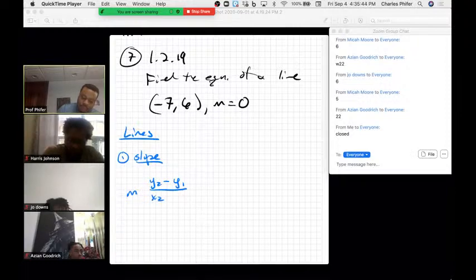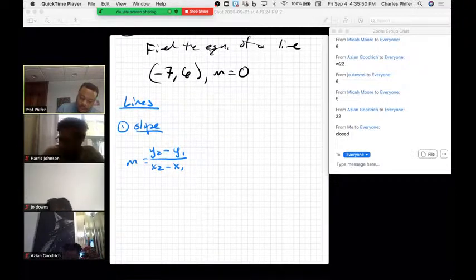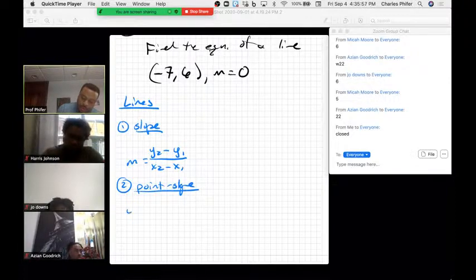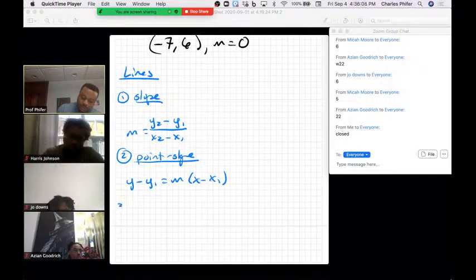The second is the point slope formula: y minus y1 equals m times x minus x1. And the third is the slope intercept formula, our classic y equals mx plus b.